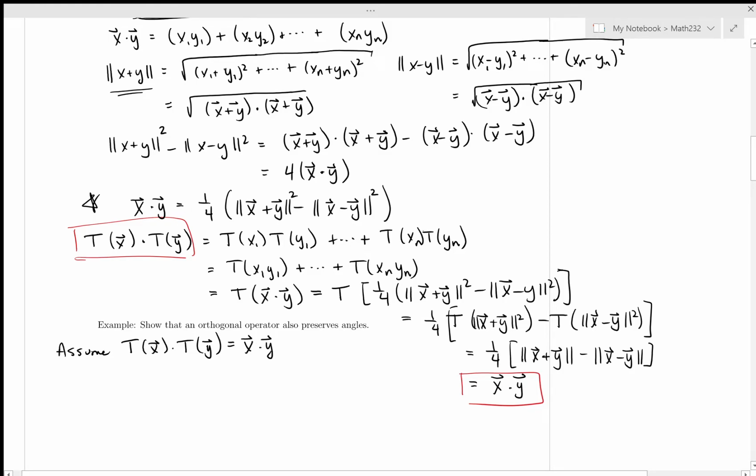And then we will recall that the norm of x is the square root of the dot product.